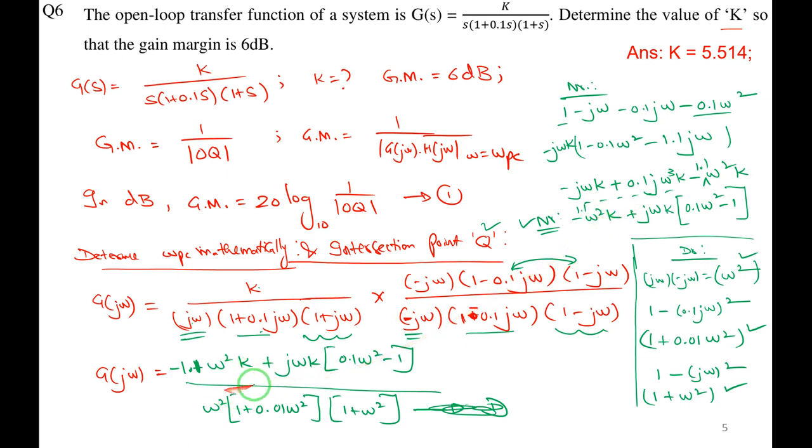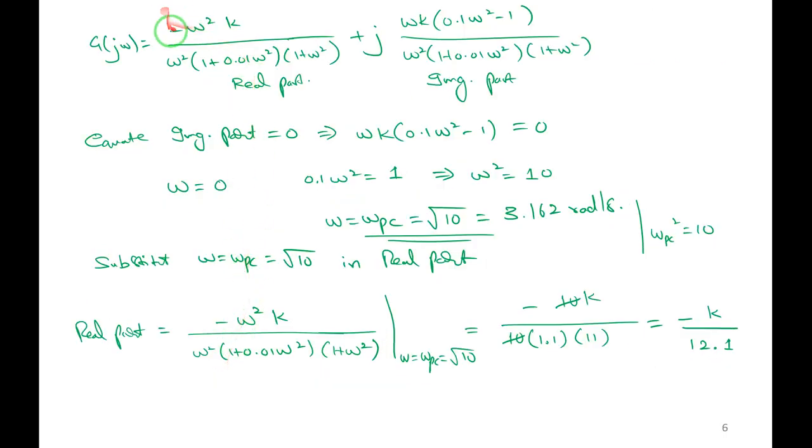So be careful while calculating. Minus 1.1 omega square, minus 1.1 here also I'll add, so 1.1 I have to take here. This 1.1 and this 1.1 will get cancelled, so I am getting minus k by 11.